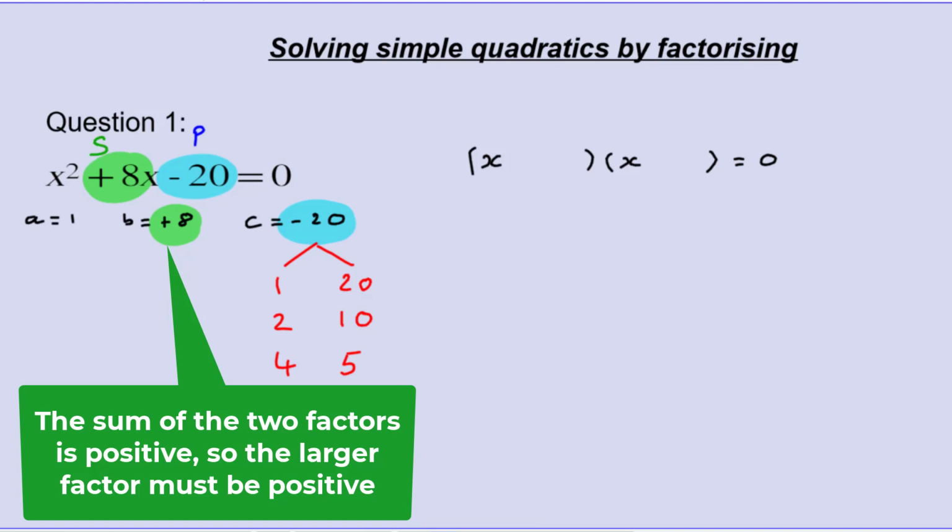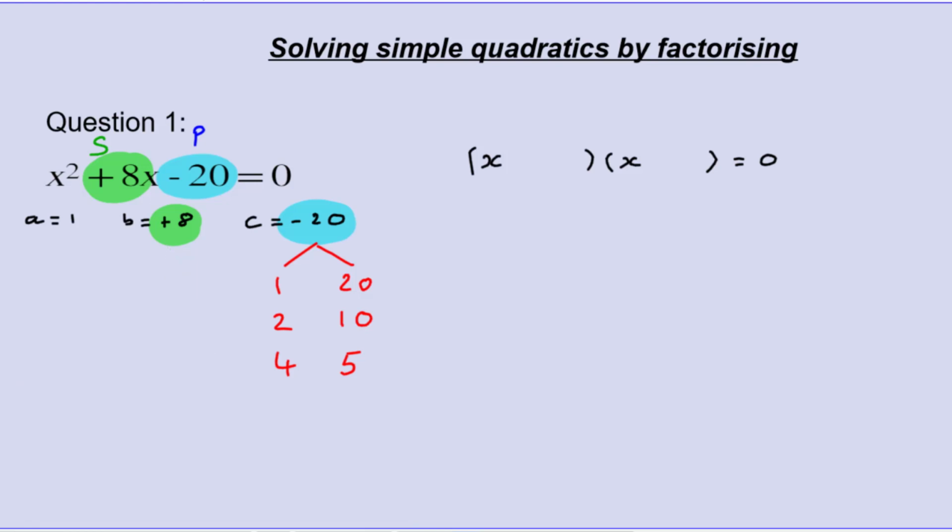For example, if we look at the pair 1 and 20, the sum is positive, so 20 has to be positive for that sum to be positive, no matter what the sign of 1 is. So for all the pairs of factors, all the bigger numbers are positive: plus 20, plus 10, and plus 5. Now we have plus times minus is minus, so the other factors, the smaller factors, are negative. So we can see that the product for each of them is minus 20.